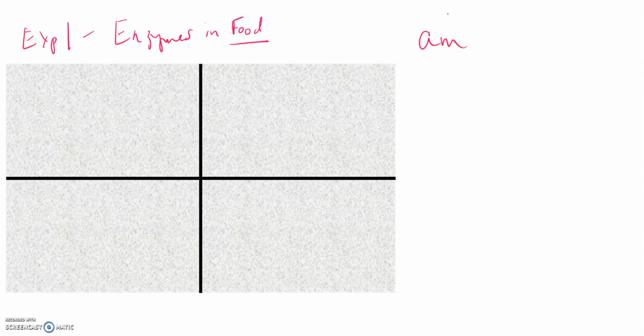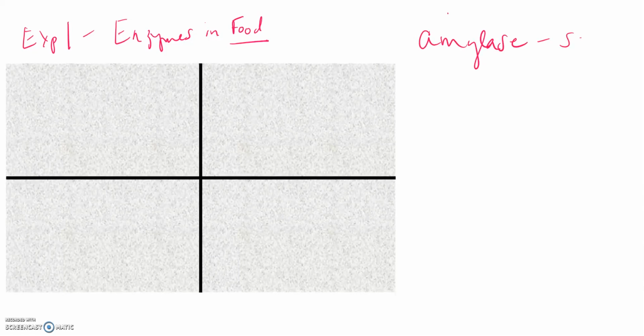So let's talk about our first experiment. Okay, so experiment 1 is dealing with enzymes in food. And our main focus here is an enzyme called amylase.